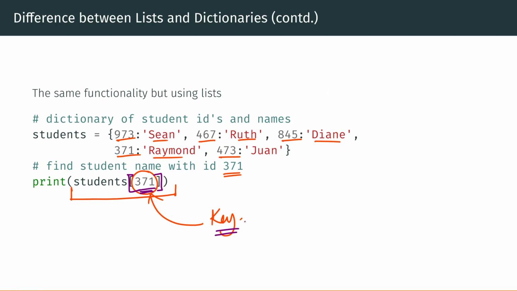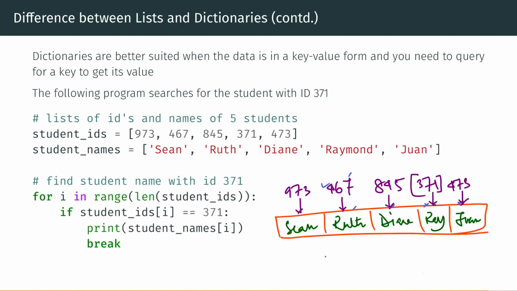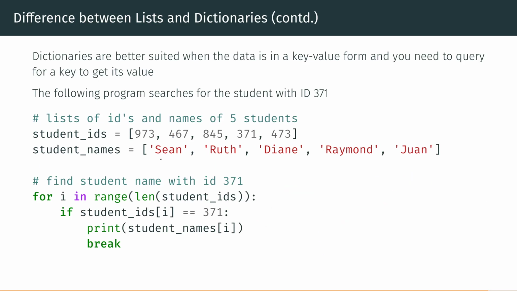Okay, the key may be a student ID. Now the student ID may also be a string. In this example the student IDs are numbers, but you can also have strings. Let's say the student ID has dashes, like 8989, then 123, and then 4567.